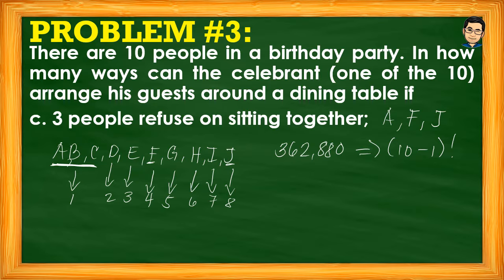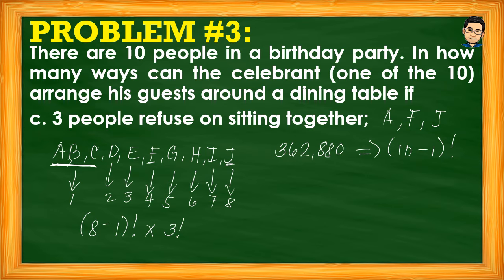So, kailangan natin kunin yung number of ways na magkakatabi sila para malaman natin kung ilang ways naman yung they refuse on sitting together. So, since 8 sila, magiging 8 minus 1 factorial yon times 3 factorial. So, ABC can be arranged in 3 factorial ways.